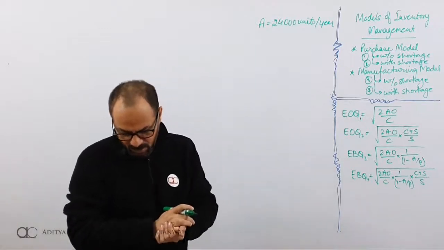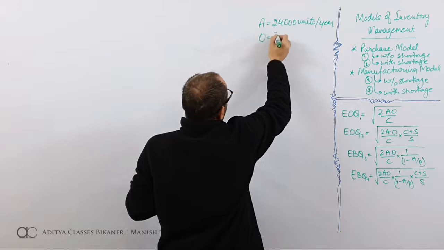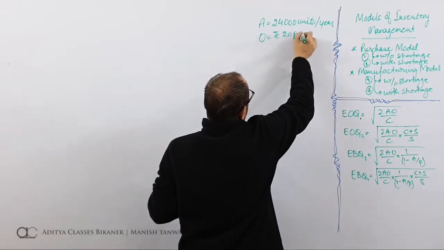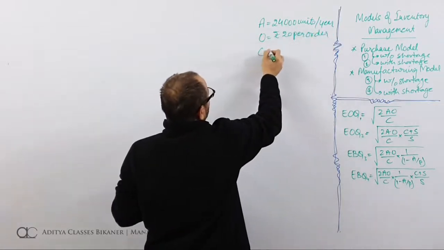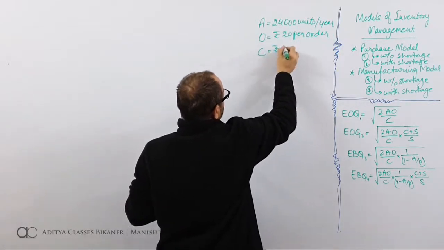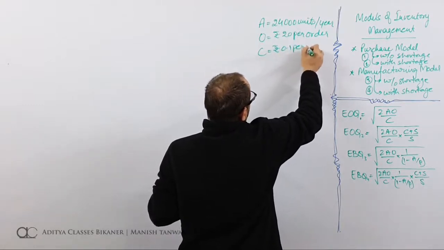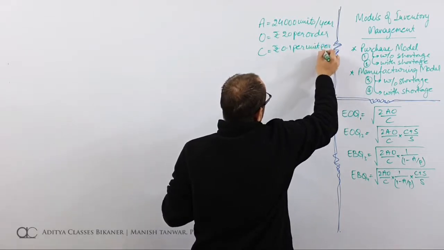Then we have an ordering cost of rupees 20 per order. Then we have a carrying cost of rupees 0.1 per unit per quarter.